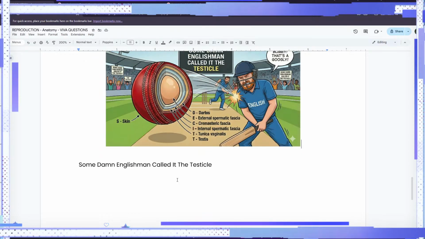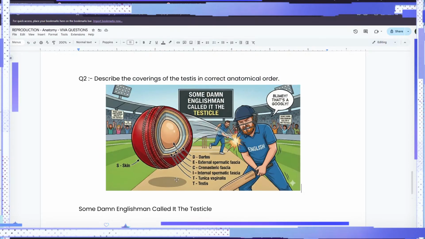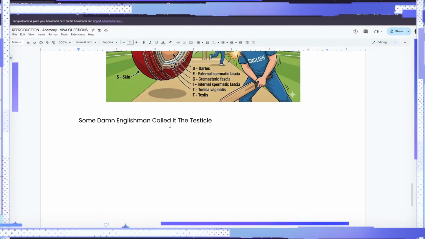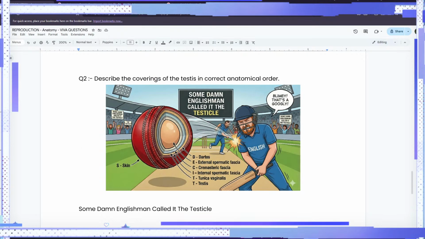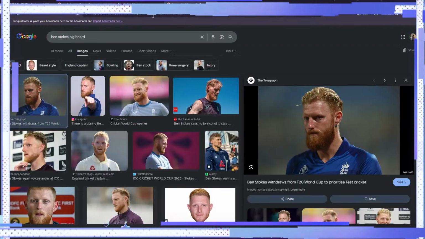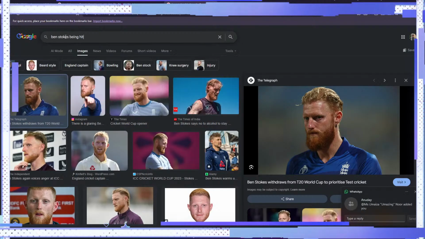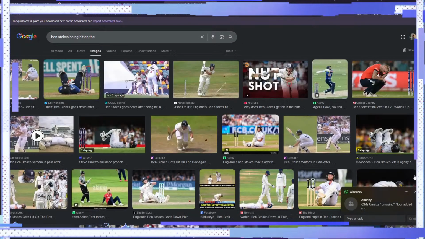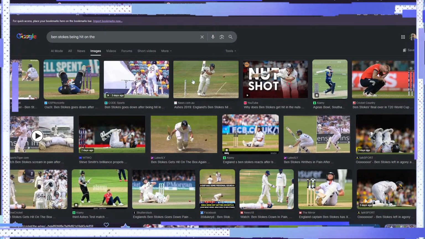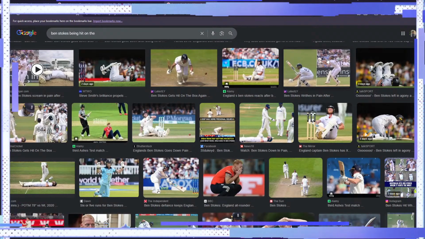Alrighty. I'm sure we can get a picture of Ben Stokes being picked on. Okay. These are some good pictures, are they not?